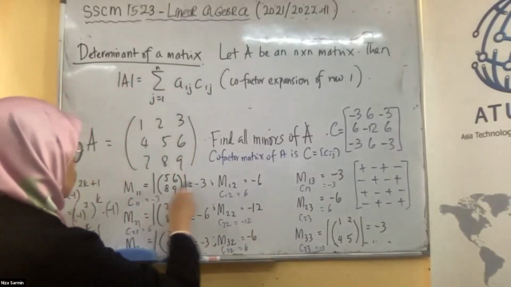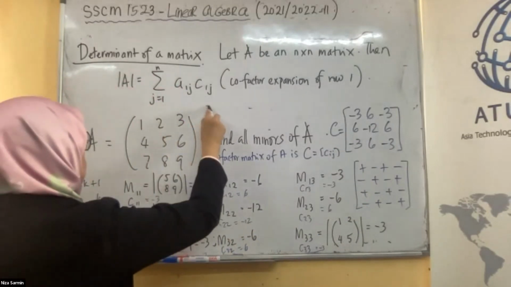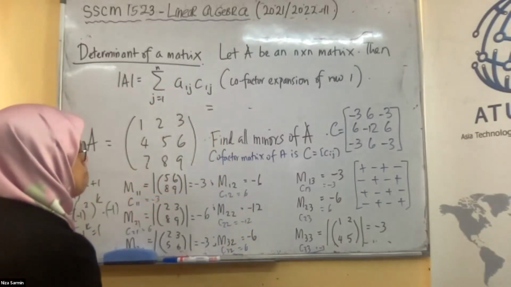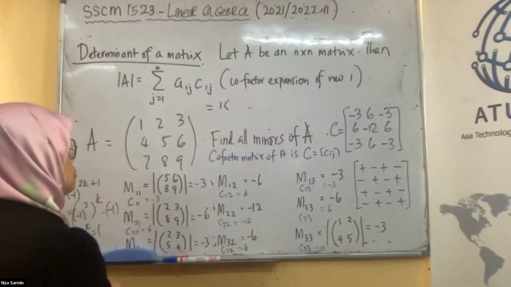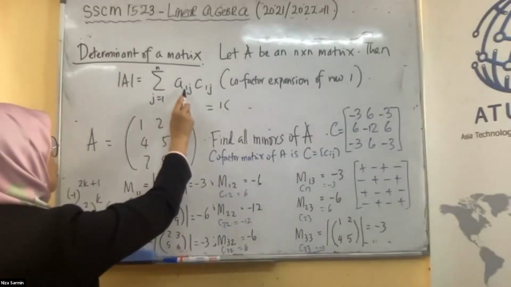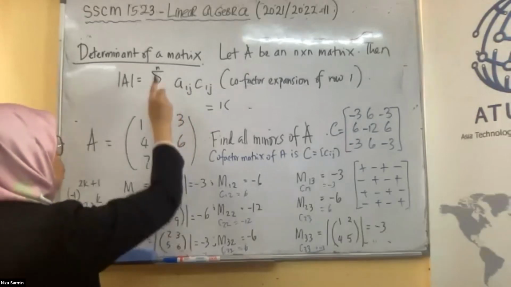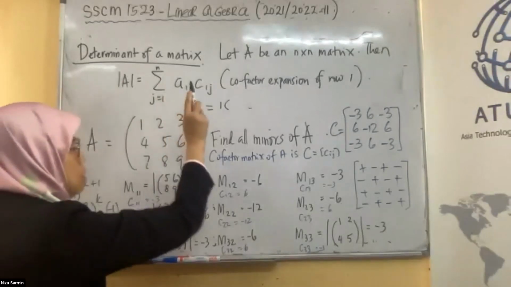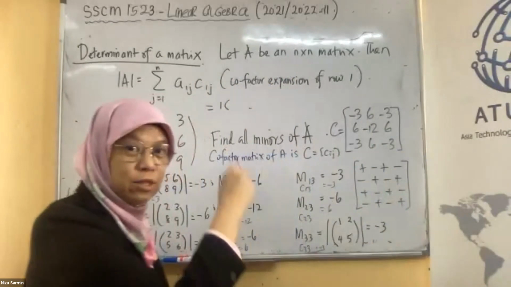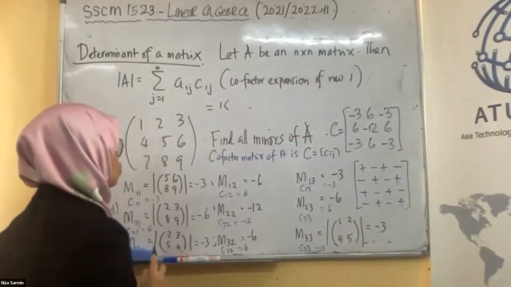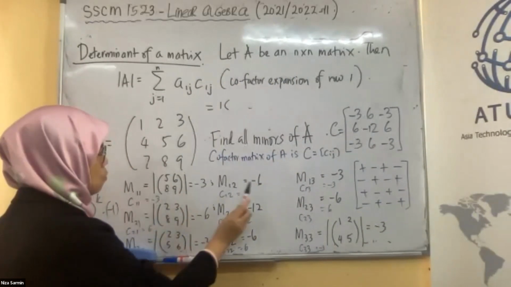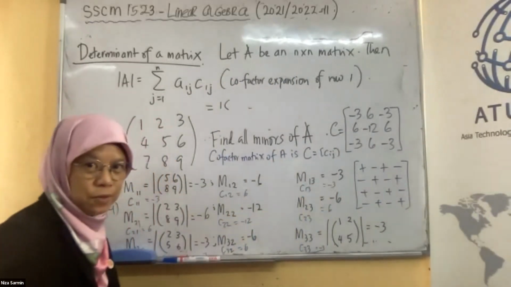Okay, suppose we look here. For this particular one, when j moves from 1 to n, you get a11, a12, a13, so it's 1, 2, 3.